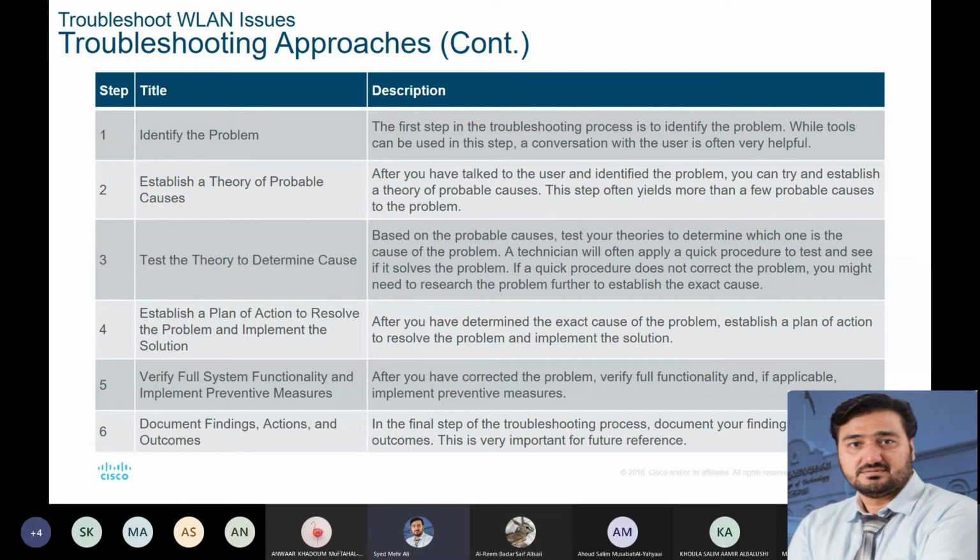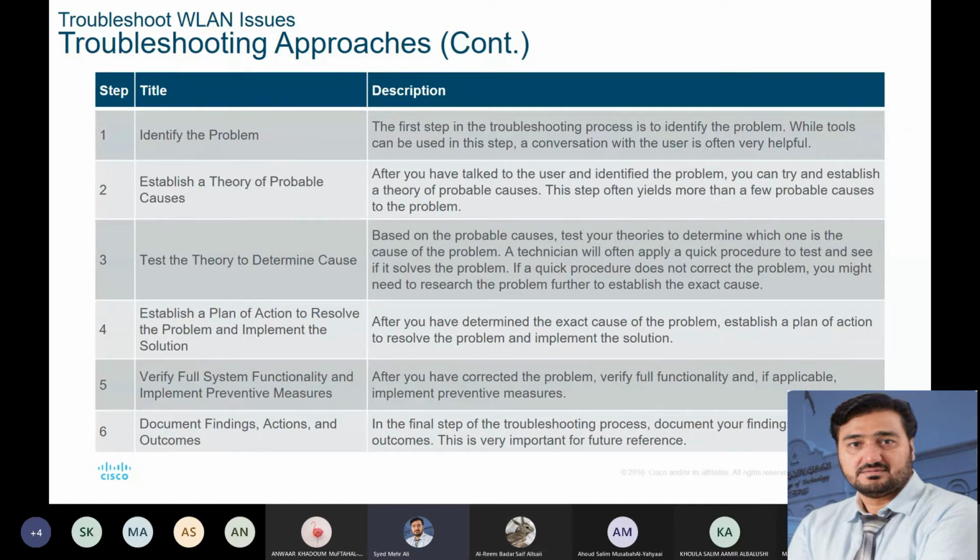The first step in the troubleshooting process is to identify the problem. While tools can be used in this step, a conversation with the user is often very helpful. In order to identify the problem, if you are a technician, the user will call you and you will ask a series of questions.